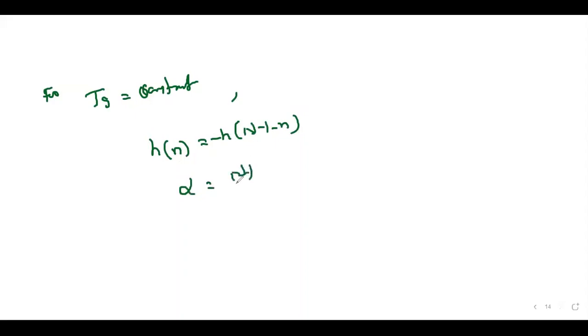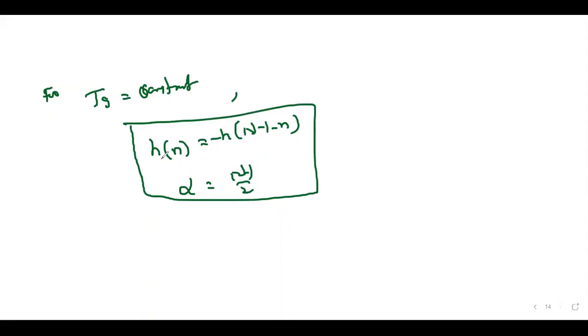And the condition here for the group delay for Tz is equal to a constant. The conditions are h of n must be equal to minus h of n minus 1 minus n, the first condition, and second condition is alpha is equal to n minus 1 by 2. In this case, this is called antisymmetric.